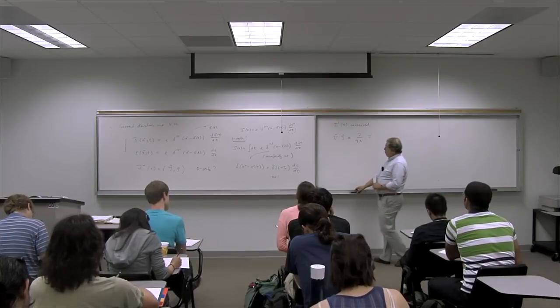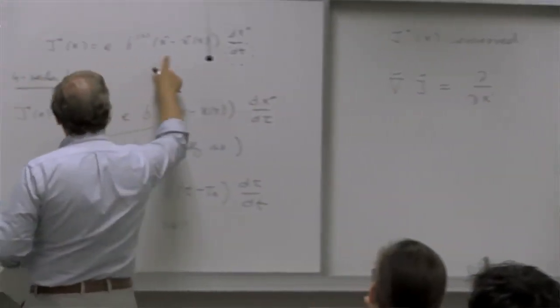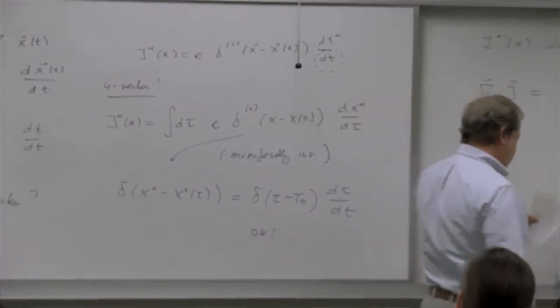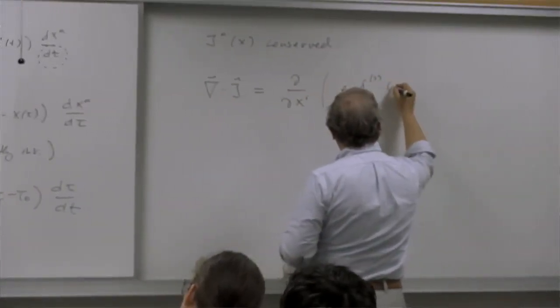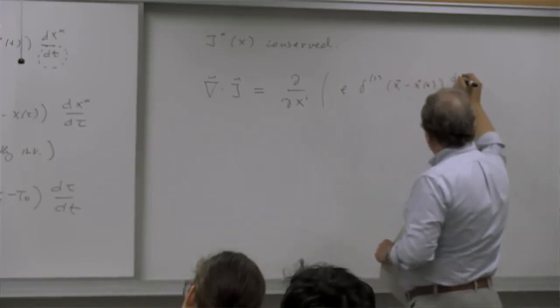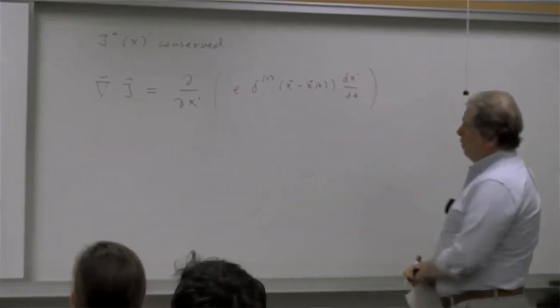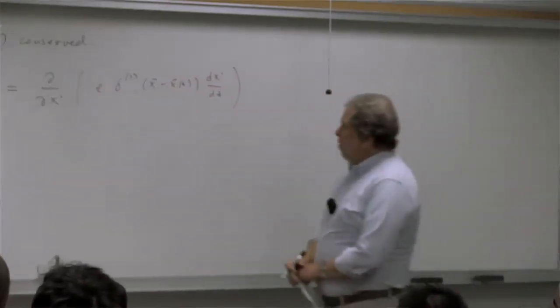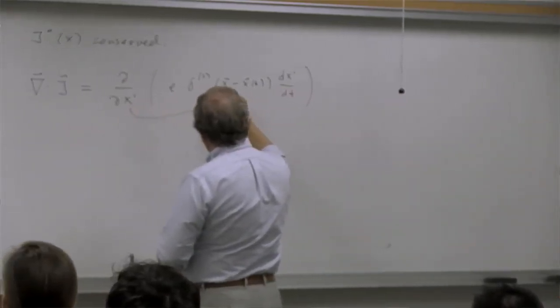So we just write in what the Ji is, because I have it right here on top. So this is equal to e times delta 3 of x minus x of t times dxi by dt. Right, this derivative.